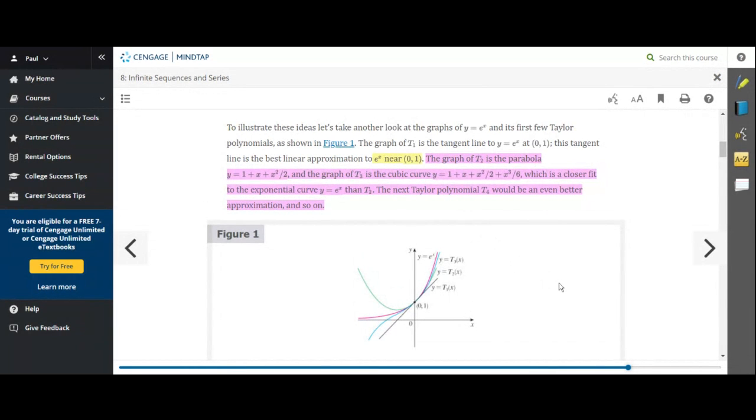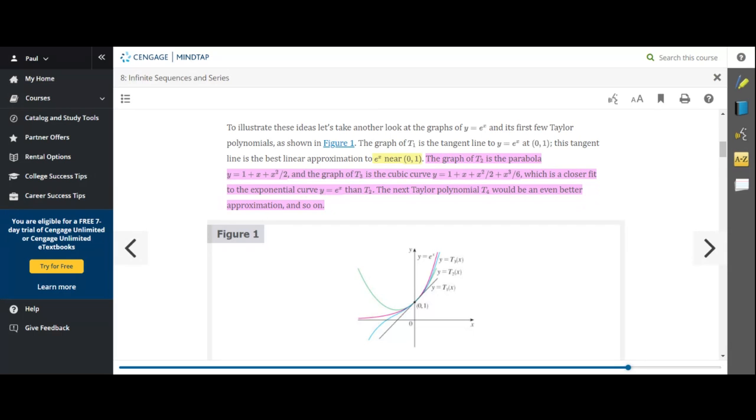The graph of t sub 2 is that parabola. The graph of t sub 3 is that cubic curve, 1 plus x squared over 2 plus x cubed over 6. You can see t sub 3, the cubic curve, is a closer fit to the exponential curve than is the t sub 2 parabola.